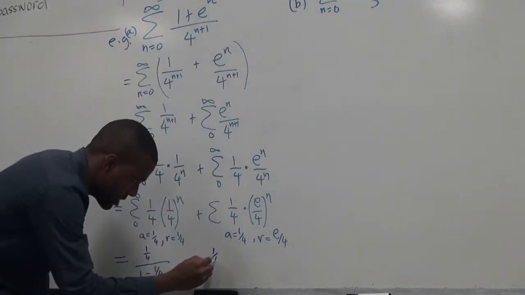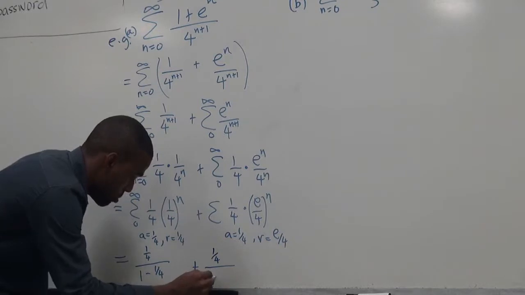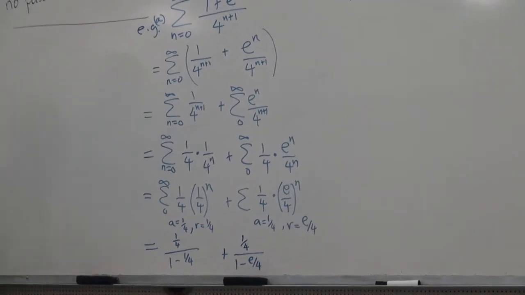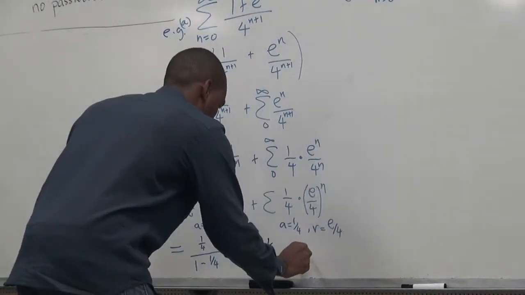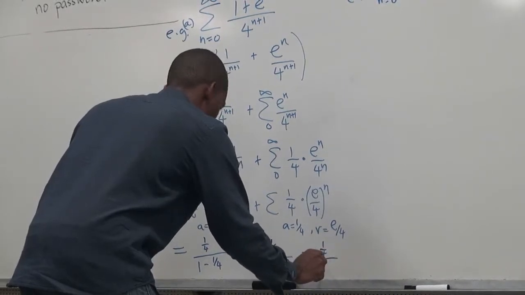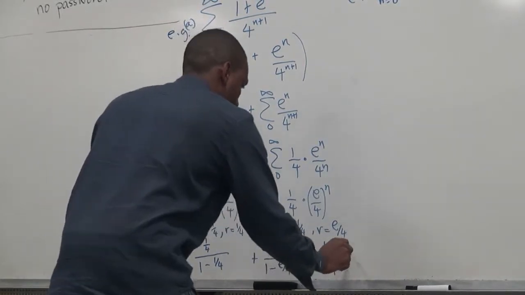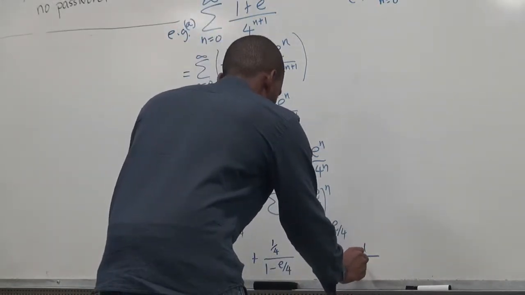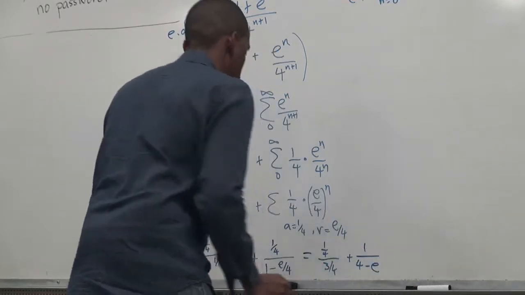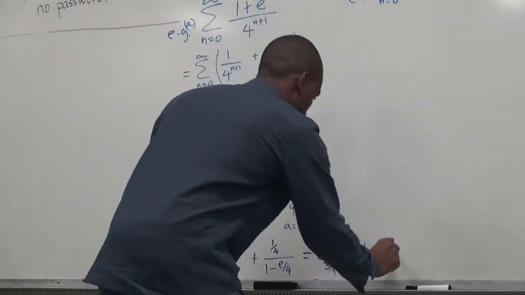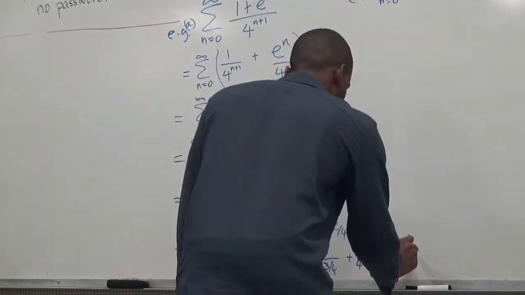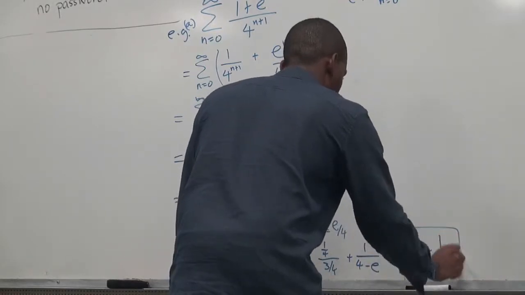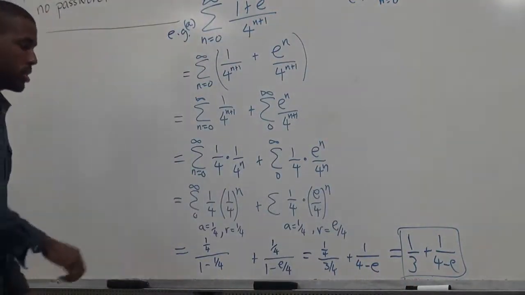You take the A divided by the 1 minus R. So this is 1/4 divided by 3/4 plus 1/4 divided by 1 minus e/4. So this is 1/3 plus that. So that series does converge, and it converges to that number.